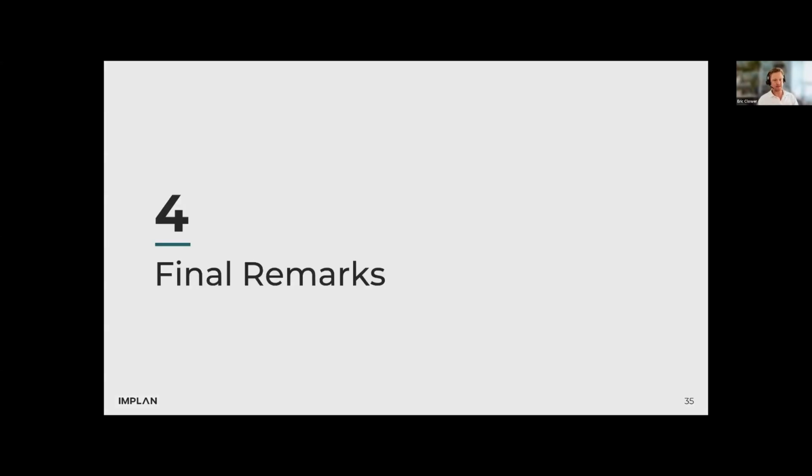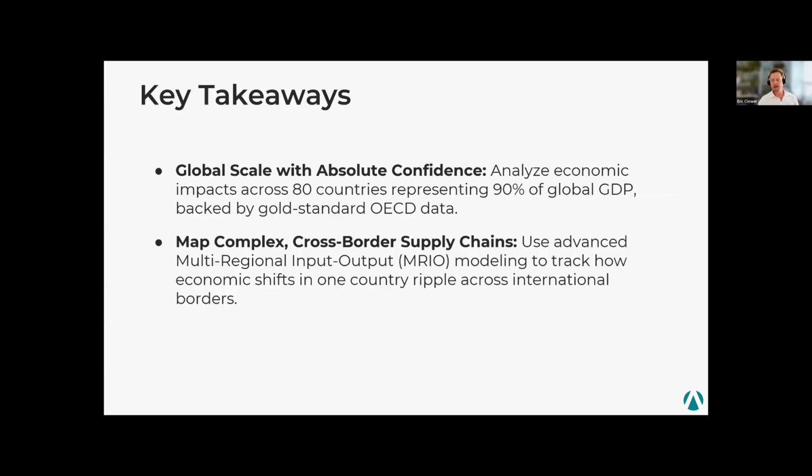Okay. So I want to wrap this up with just a couple key takeaways before we open this up for Q&A. First, as I've hopefully highlighted and you've seen, IMPLAN International lets you conduct global economic impact analysis with confidence. You can look across 80 countries, and these countries span 90% of the global GDP.